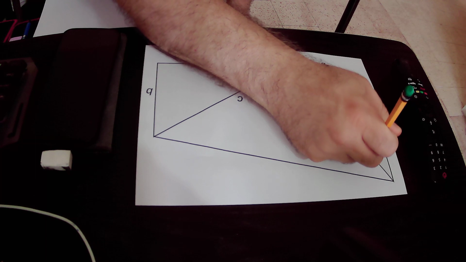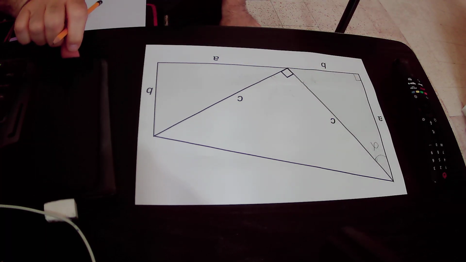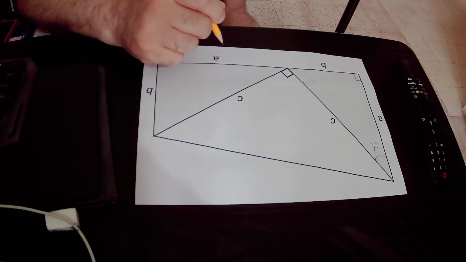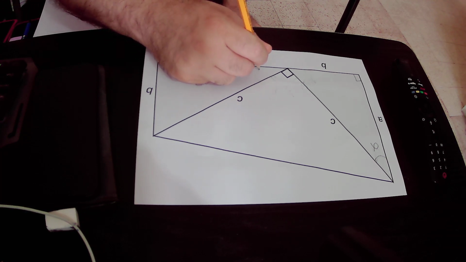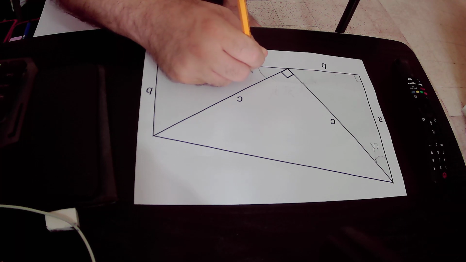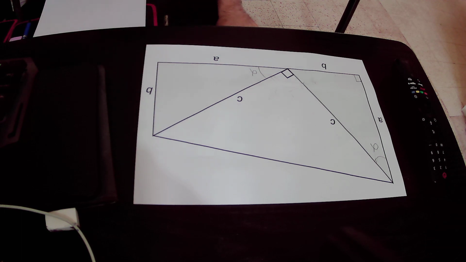Then the angle between side A and side C in the left triangle must also be alpha, according to the rule that corresponding angles in coinciding triangles are equal to each other.